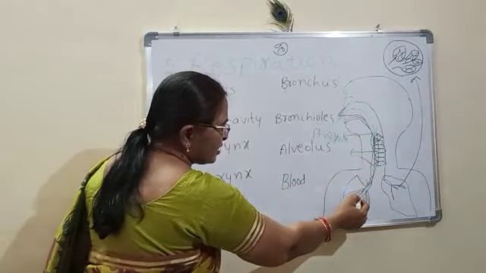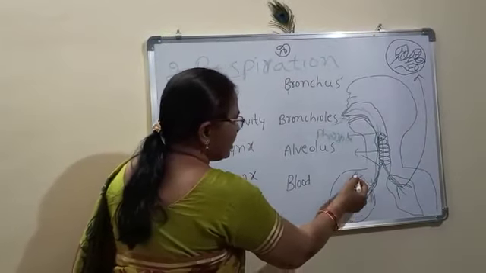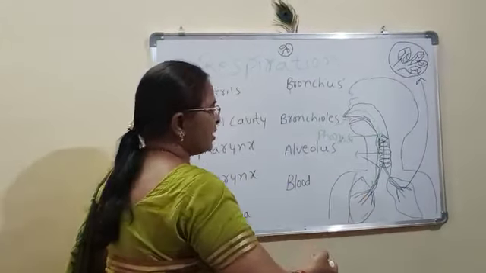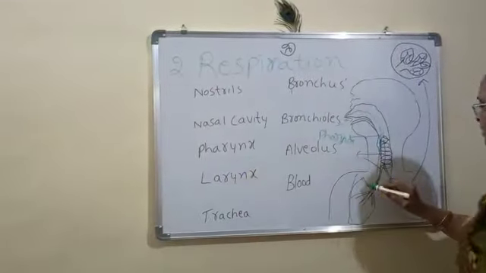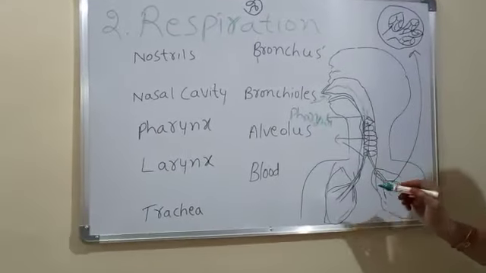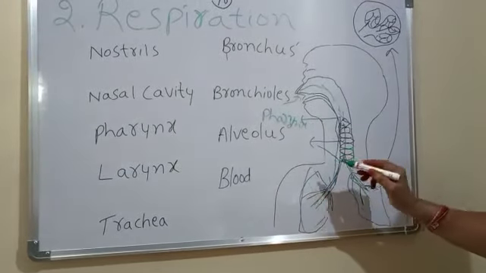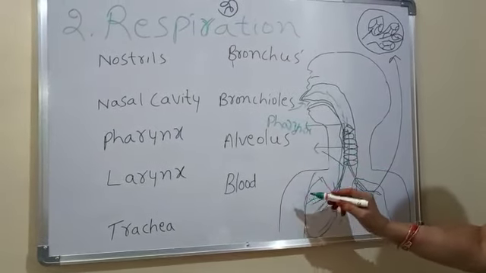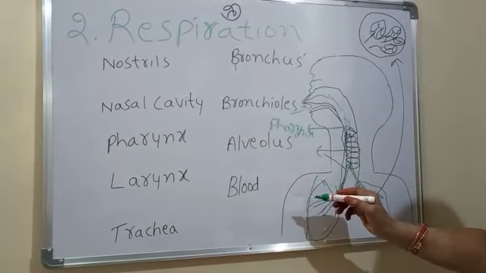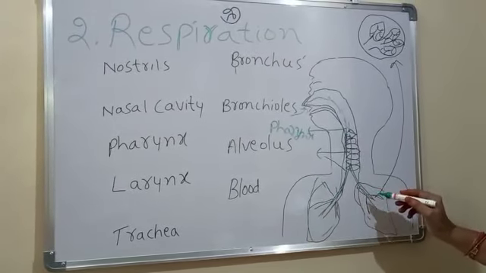This bronchus leads to bronchioles. The lungs have lobes. Usually in human beings the right side part is a bit bigger, and the left side part is a bit smaller in size.